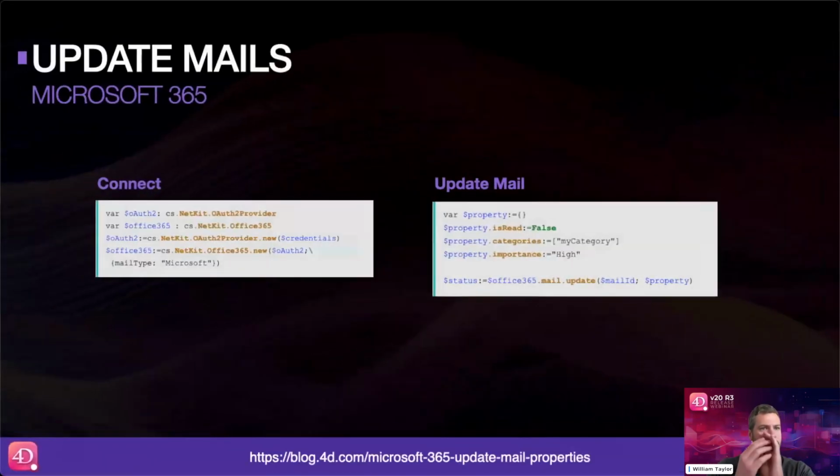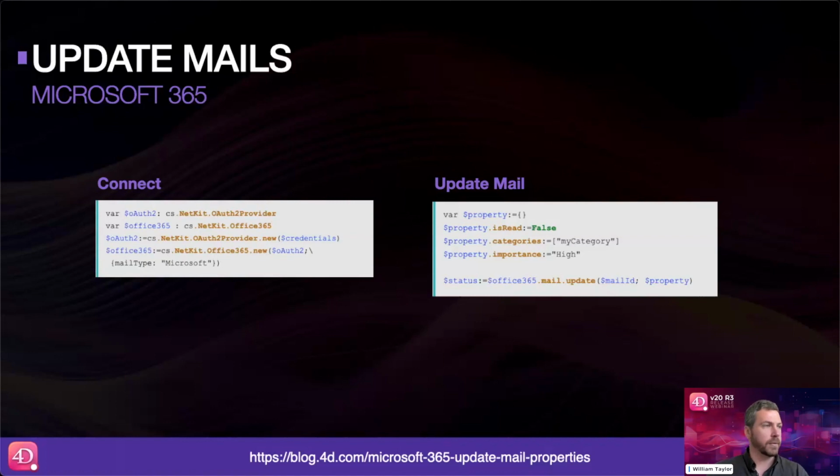And then you, the developer community, also asked for the ability to get the is read flag from your emails in Microsoft 365. With the release of 4D v20 R3, NetKit can update the various properties of received and drafted emails using the Office365.mail.update function.